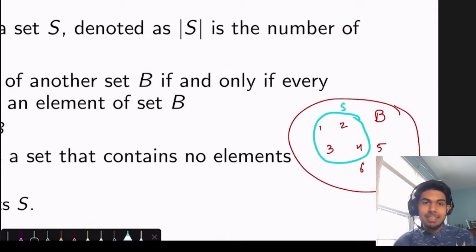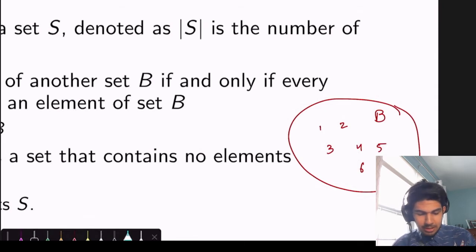If this is S, then S is a subset of B because all of those elements contained within S are also contained within B. So that's one possibility for S. Similarly, that's another possibility for S where it just contains one element. Here are some interesting cases. In this case, S is also a subset of B. Even though S doesn't contain anything, it's still a subset of B. In this case, S is the empty set. We'll touch on that in just a moment. But notice how it's still contained within B.